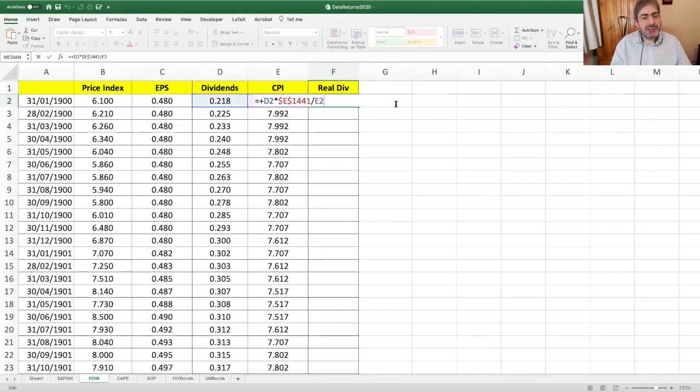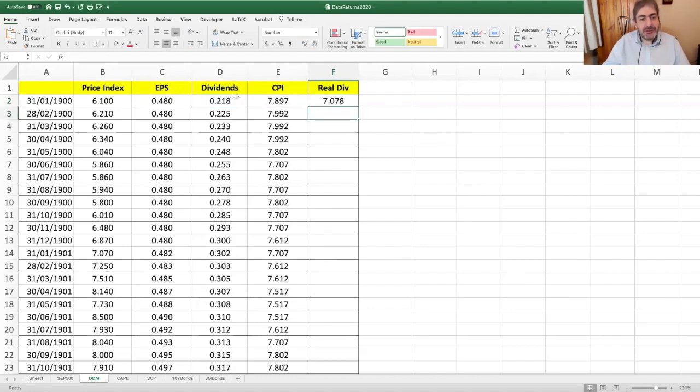The calculation is D2, the dividends in 1900, multiplied by the CPI today with the dollar signs. So when we drag the formula, this doesn't change. Divided by the CPI at the time of the dividend, so in 1900. So it is D2 times $F$4 divided by E2.